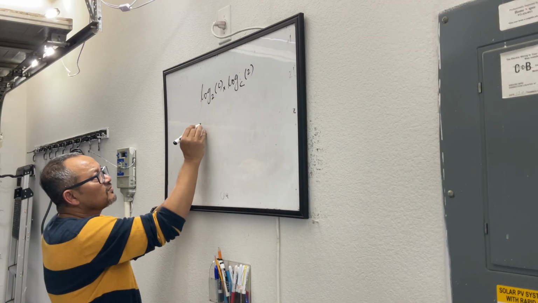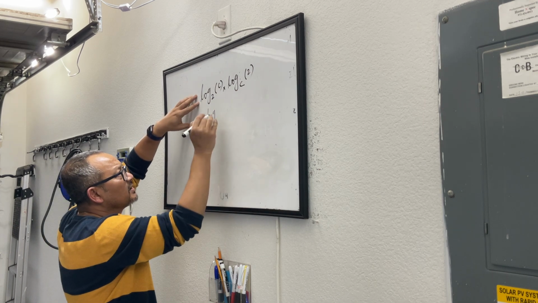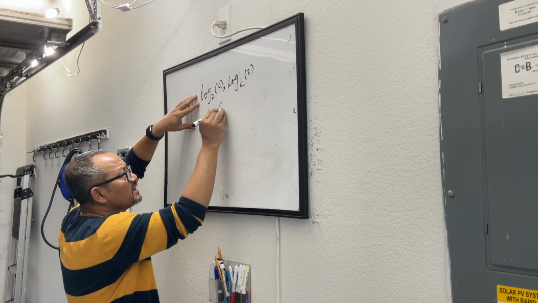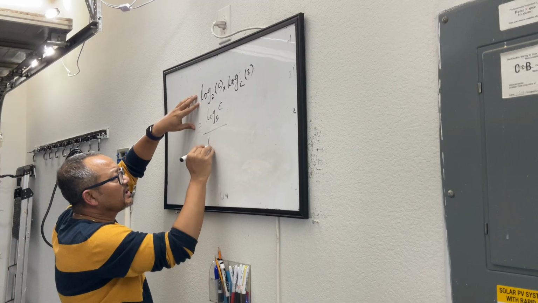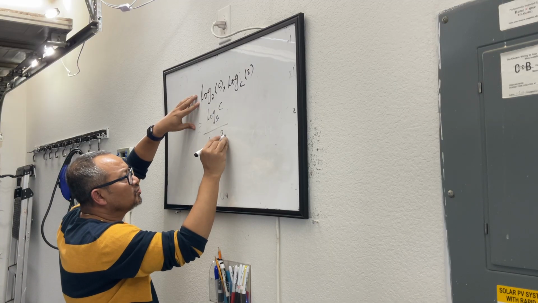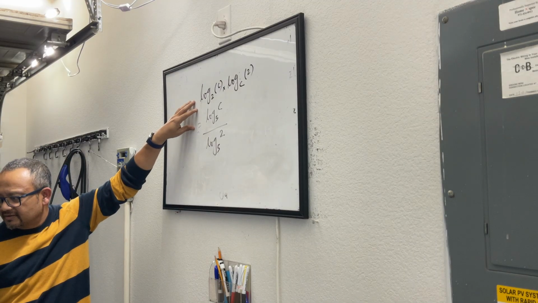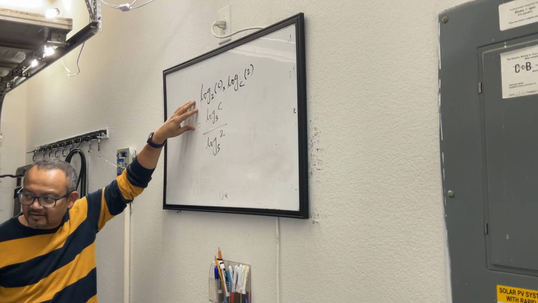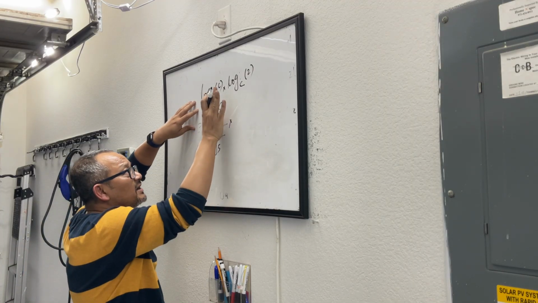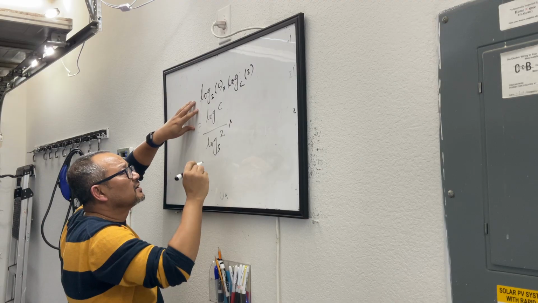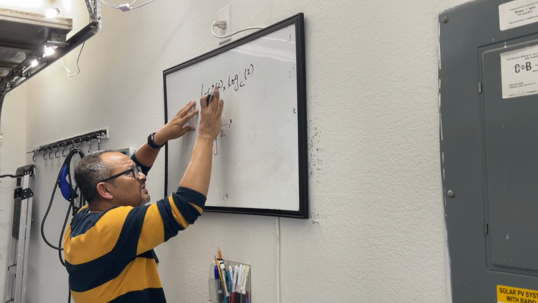So this I can convert to, let's say, log of c base 5 divided by log of 2 base 5. Correct? Can I do that? And this guy also, let me pick 4.